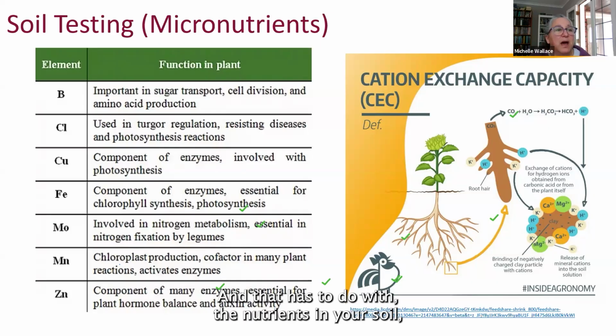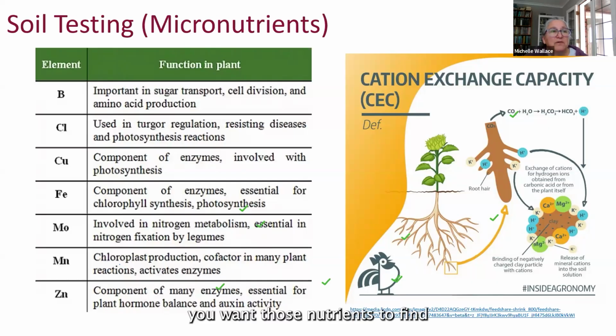It has to do with the nutrients in your soil being positively charged, and you want those nutrients to find a negatively charged clay particle, and so they have this exchange, so that the H that happens when it rains or from water helps connect with these other cations, and this is what helps move them up into the plant.